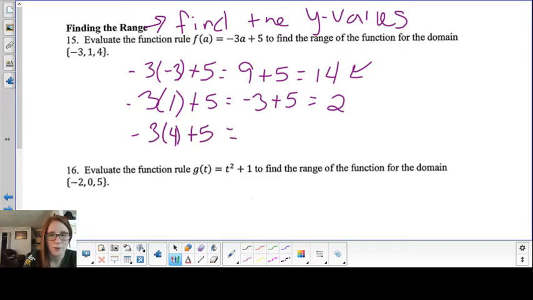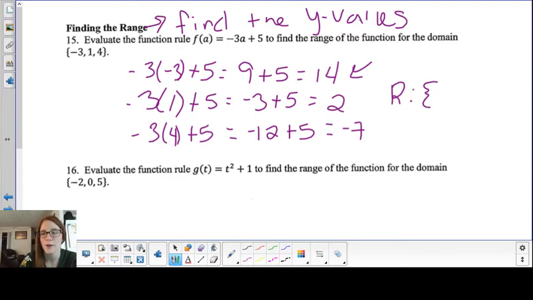Negative 3 times 4 is negative 12. And then negative 12 plus 5 is negative 7. So the range for this set of 3 domain values is negative 7, 2, and 14.